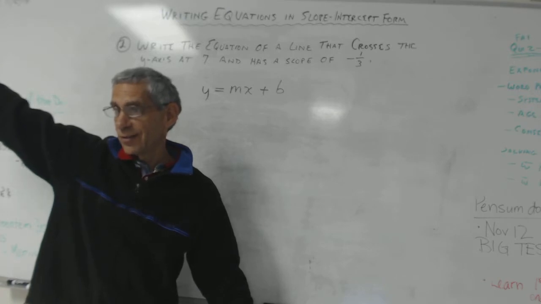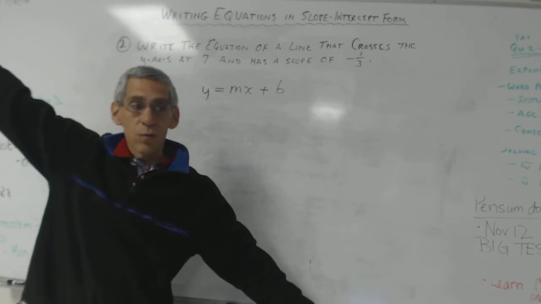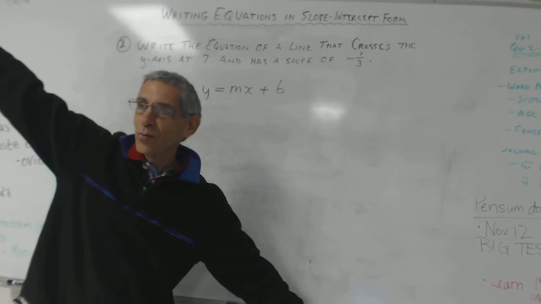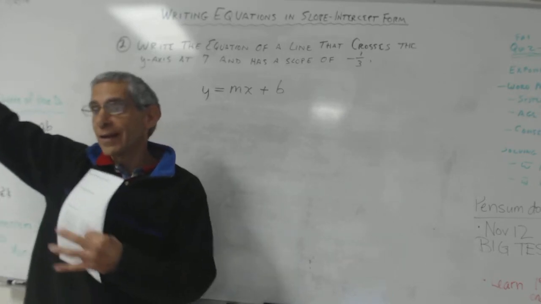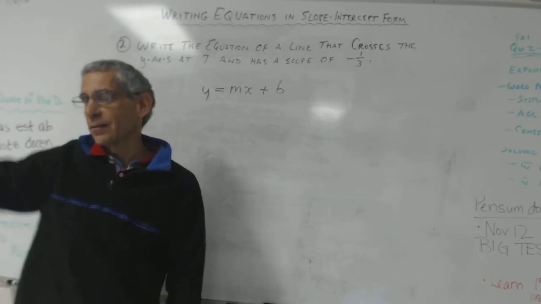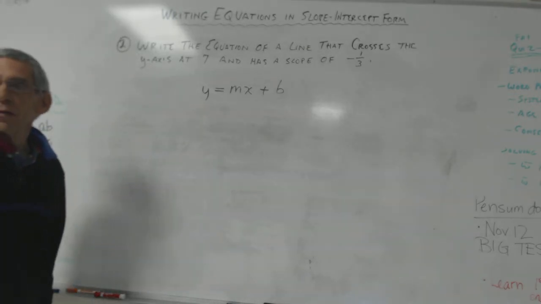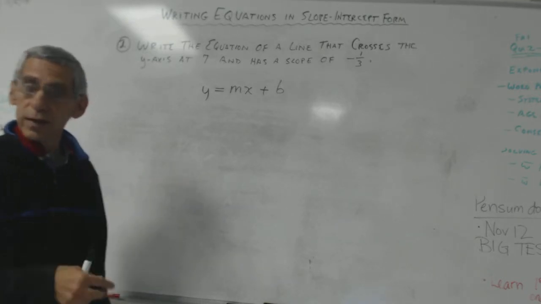Is there any difference? No, it's the same thing. When it crosses the y-axis, that is your y-intercept. That is where it intercepts the y-axis. Does that make sense? Not the y-axis itself, but where it crosses the y-axis is the y-intercept.